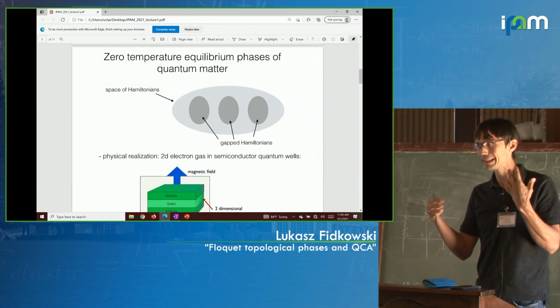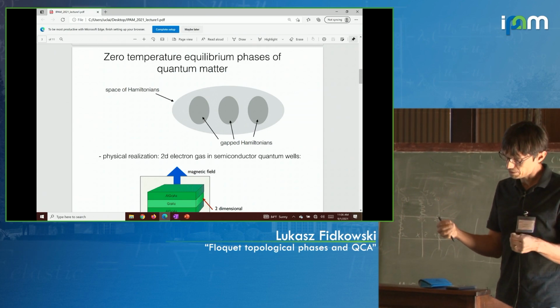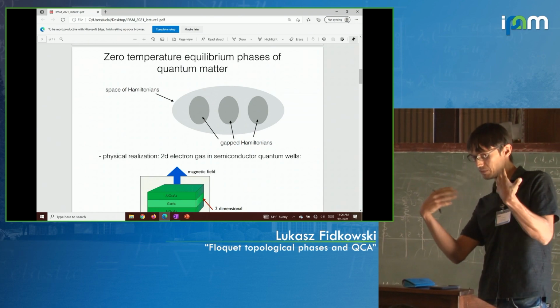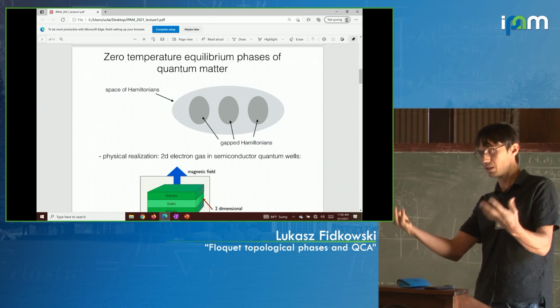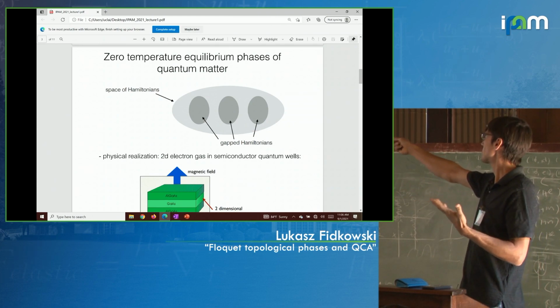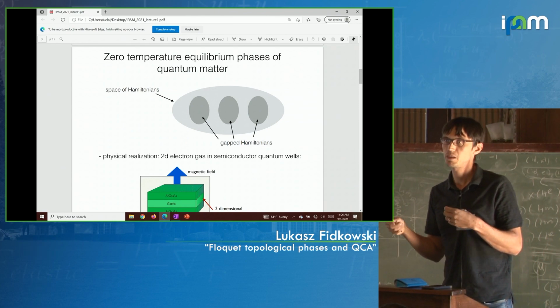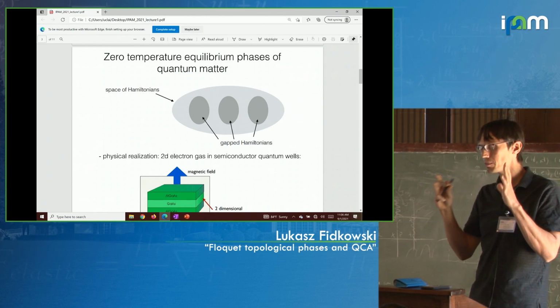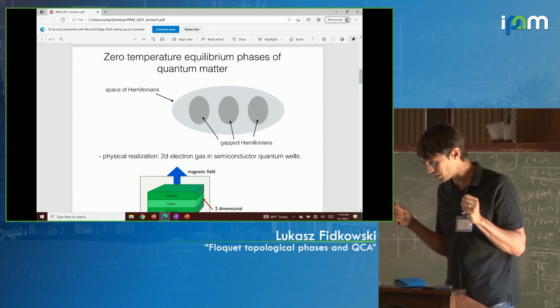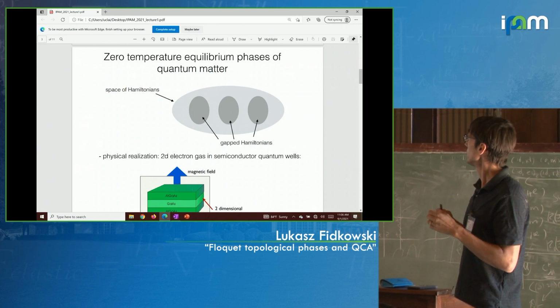The basic idea, at the level of this caricature, is that different topological phases, which support different anyons described by different, let's say, unitary modular tensor categories, correspond to different connected components of this space of all Hamiltonians. I'm not formalizing anything, none of this is remotely rigorous, but this is just a nice picture to have in your mind.